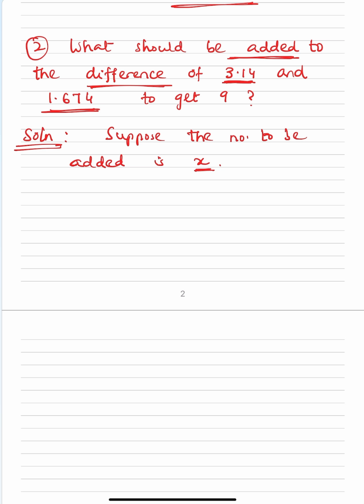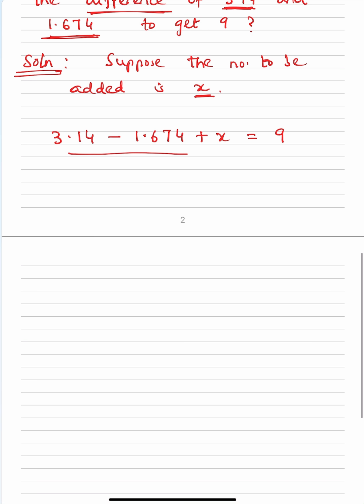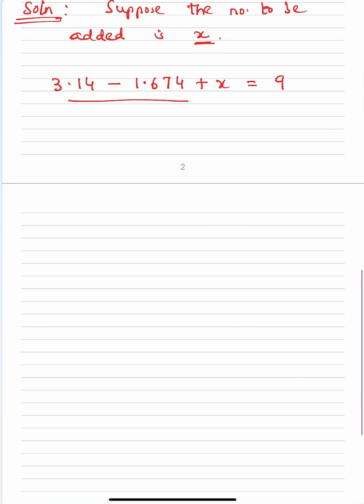So meaning of this is 3.14, difference is nothing but subtraction, minus 1.674. Here we have to add x to get the answer 9. Now here first we will subtract these two numbers. So let us subtract it.